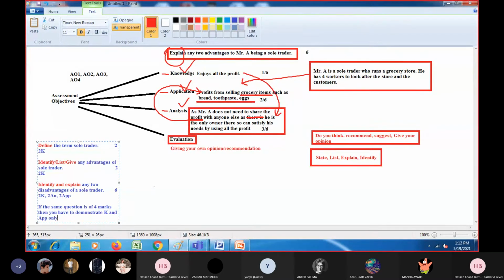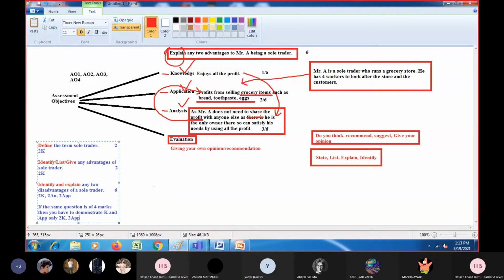You will get 4 out of 4. Why? Because in such questions, normally there are 2 marks for knowledge and 2 marks for application. You will get familiar with that as we move towards the past paper questions with the passage of time.